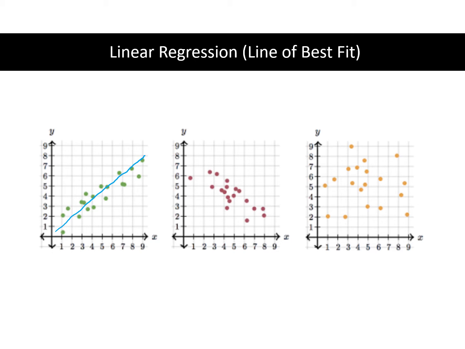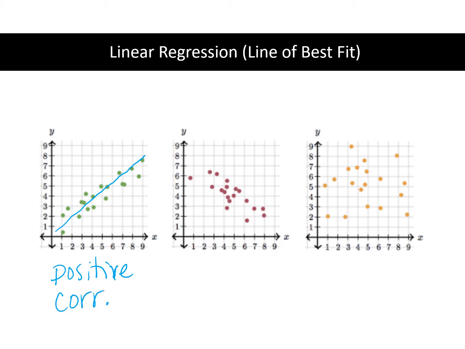As we talked about last week, that line is, quote, going up the hill. So that would have a positive slope. So this is what we call positive correlation.